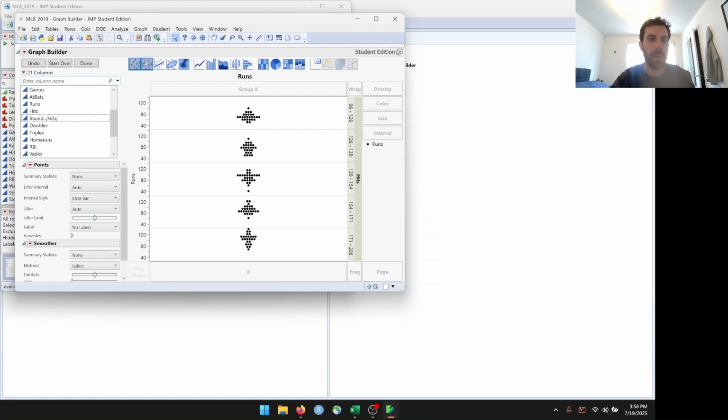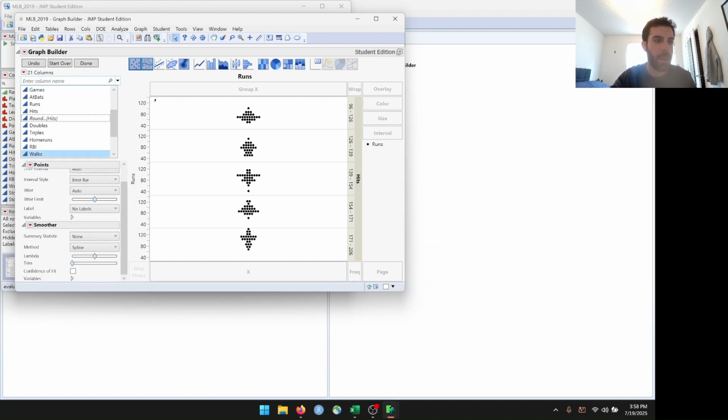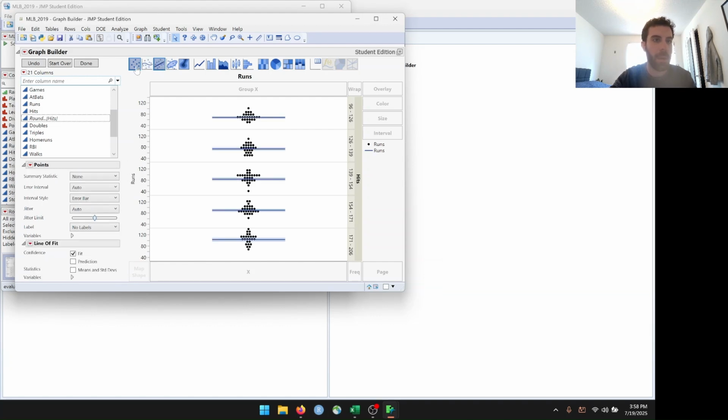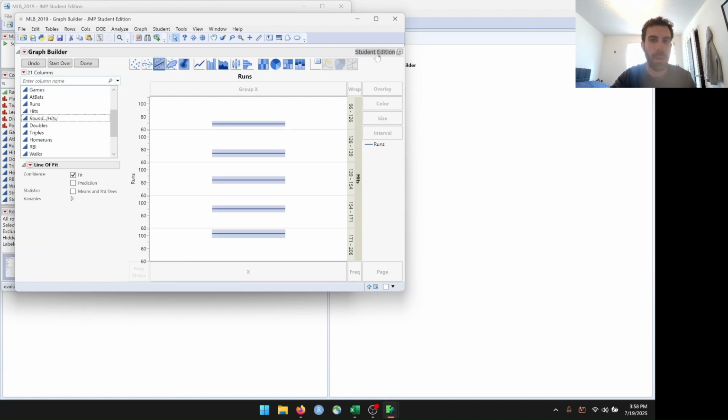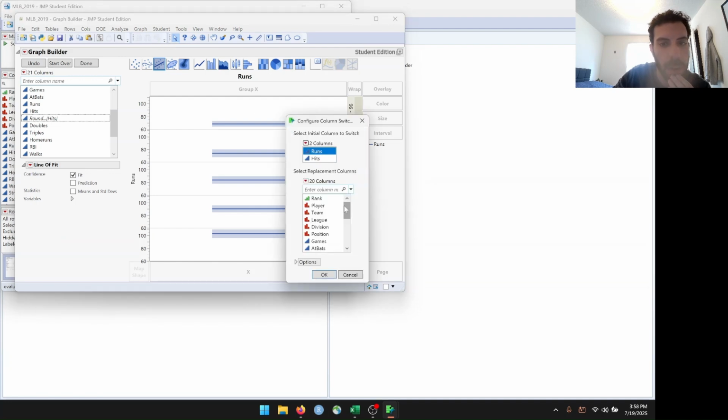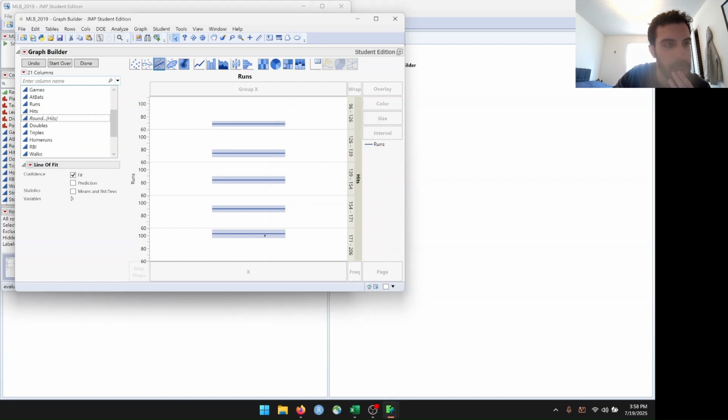Let me try clicking here and seeing if that helps. No, because it's just creating it. Huh. Okay, so I'm starting to see the issue that you guys had. Let's see if we could figure out what's going on here. Because they are both quantitative data, but it's being treated differently.